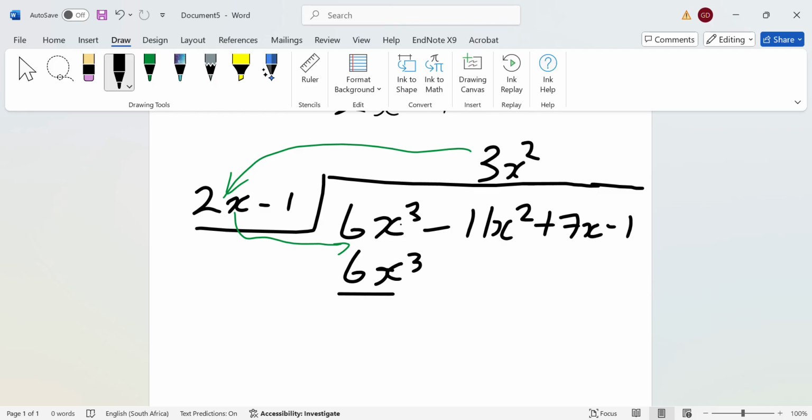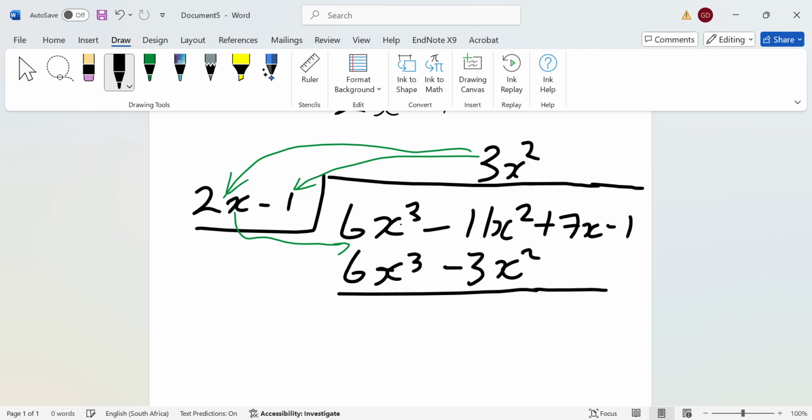Then that can be subtracted, and you still have 3x squared multiplying -1, that's part of the divisor as well. So that will give us minus 3x squared.